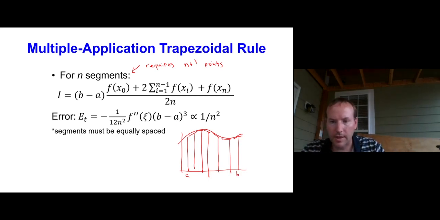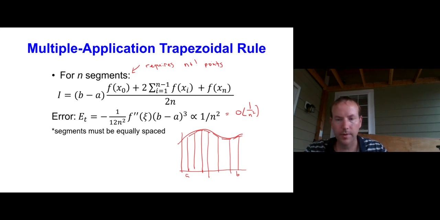As you break it up into smaller little bits, it should more closely follow the curves of the function. And because of this property, the error on the multiple application trapezoidal rule is 1 over n squared. So as n goes higher and higher, you get much lower overall error in the system.